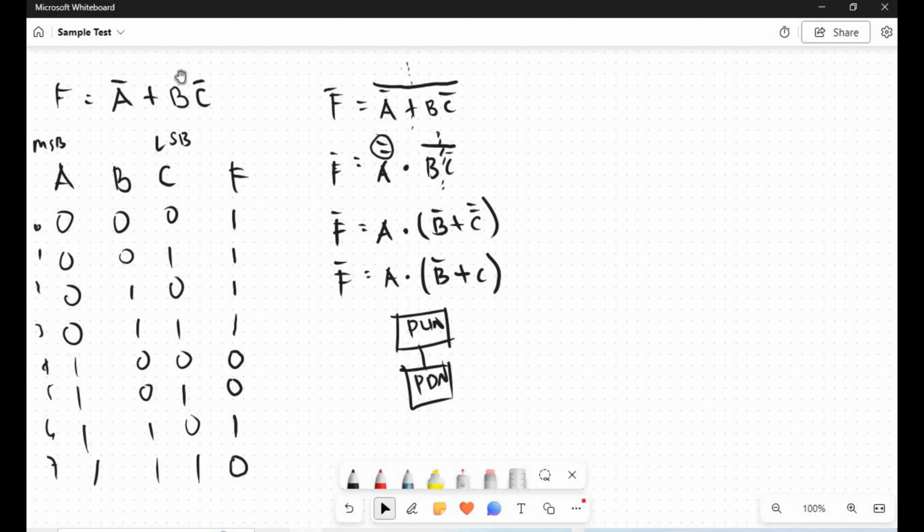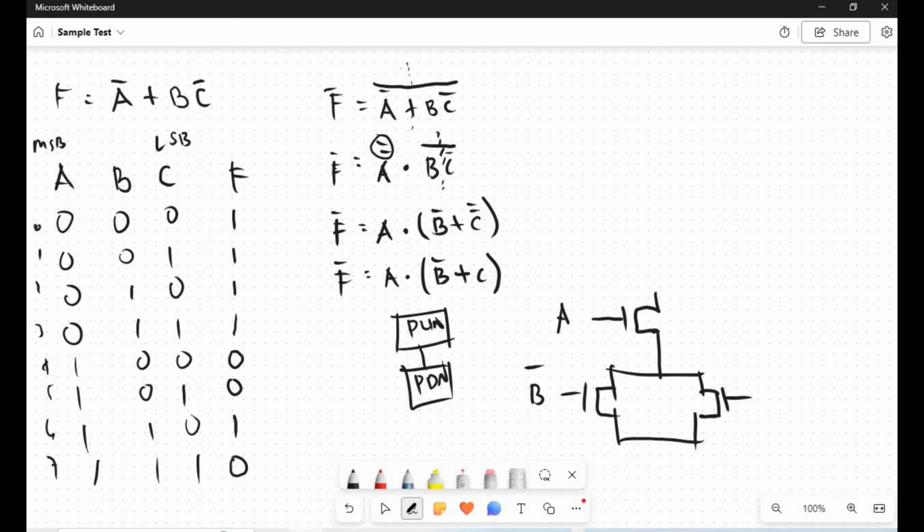So for the pull down network, A is ANDed to B or C. So that would be A ANDed with not B and C. So for the pull up network, obviously we cannot use the same connection.